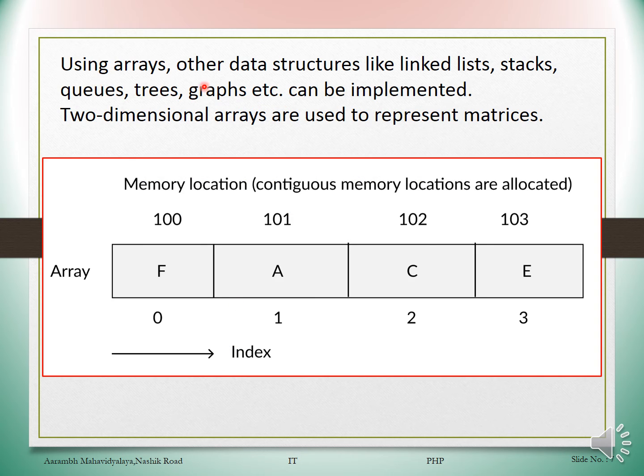Then using arrays, other data structures like linked lists, stacks, queues, trees, graphs, etc. can be implemented. Two-dimensional arrays are also used to represent matrices. Now we are not going to study all these things, but you should know that arrays can be used for all of them.